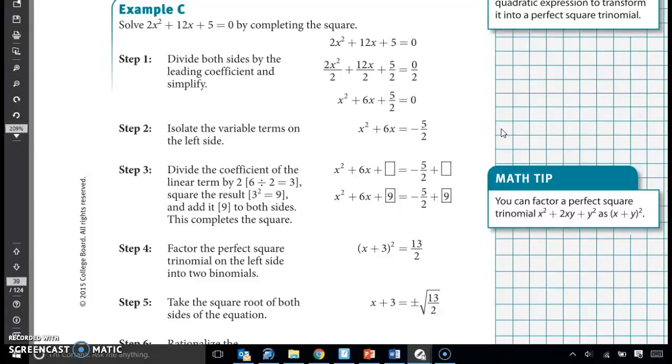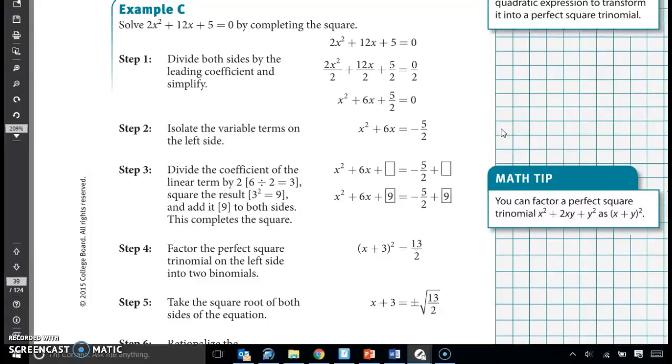So now we have that x squared and that 6x, so all of the terms that have an x are on one side and just the number is on the right side of the equal sign. Now we're going to create a box here and we're going to complete the square. So when we have a square, like 4 is a perfect square, right? Because the square root of 4 is 2.